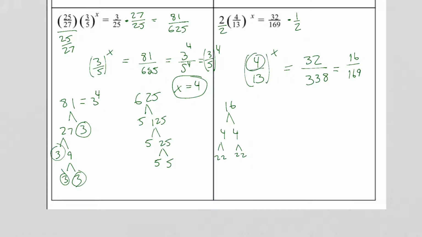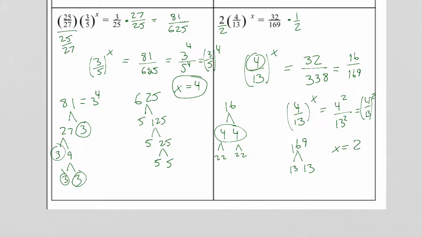But for our purposes, we're looking for a 4. You've got 2 of them. So 4/13 to the x is equal to 4 squared. And 169 is 13 times 13, so 13 squared. So that makes x equal to 2.